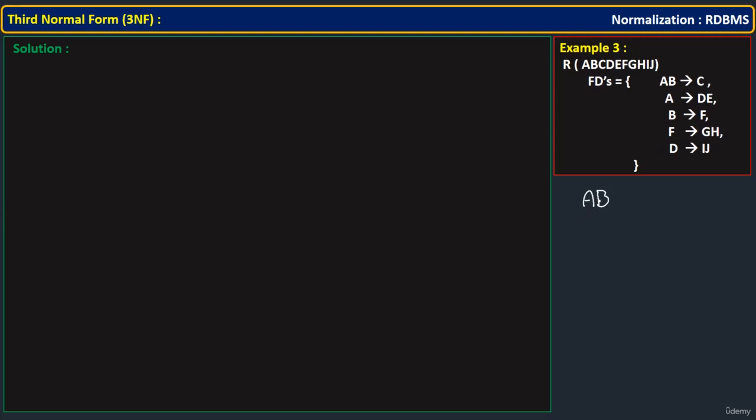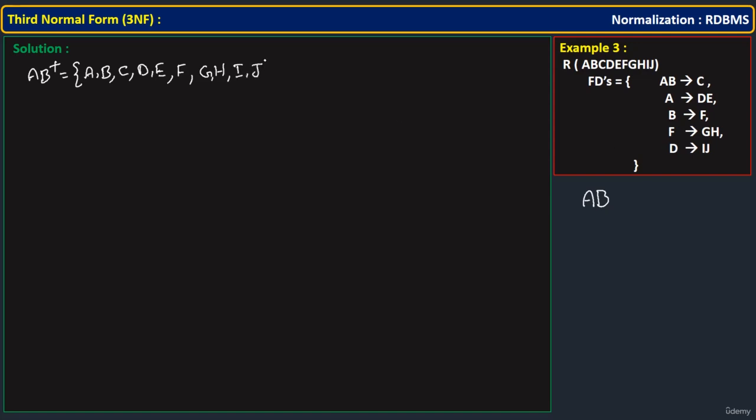So the very first thing is to find the closure for these two. Let us find the AB closure first. So A and B. Now AB derives C, note it down, and A derives DE, take DE, and B derives F, F derives GH, and of course D derives IJ.